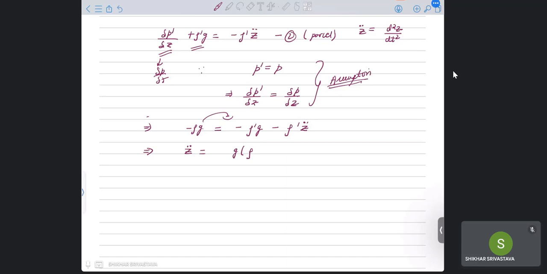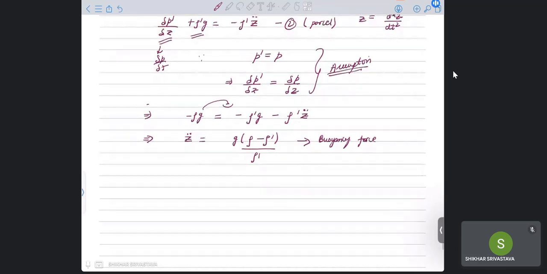So it will become G times rho minus rho prime upon rho prime. So this is the vertical acceleration of the parcel, and you can also call it a buoyancy force, which is acting against gravity for the parcel.